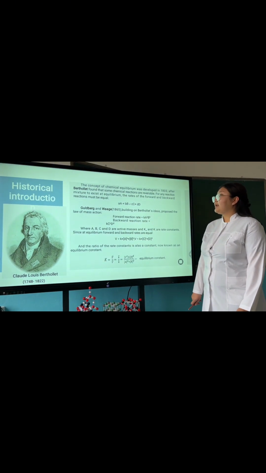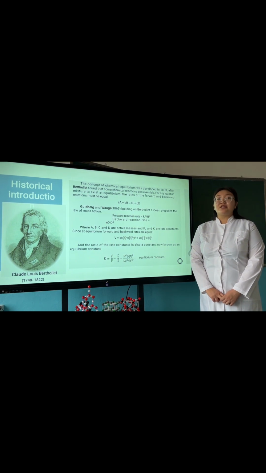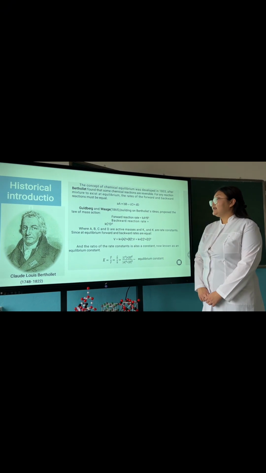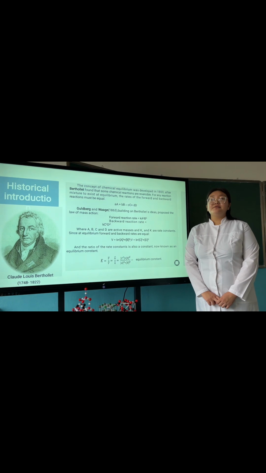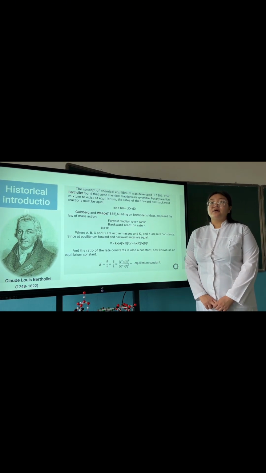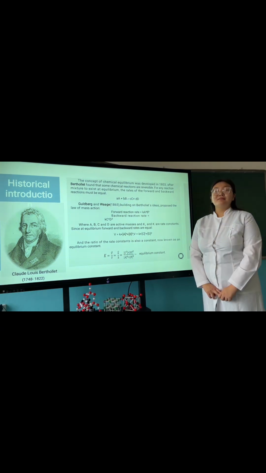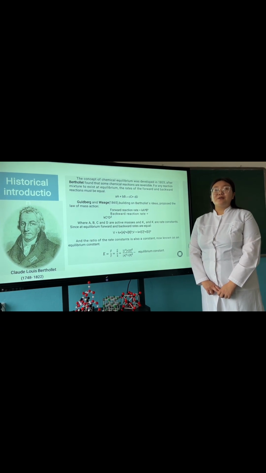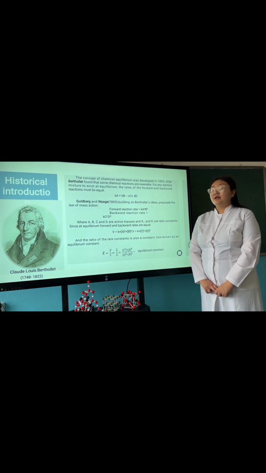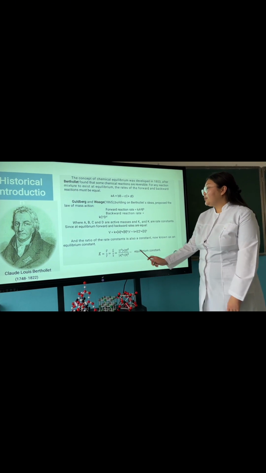Guldberg and Waage, building on Berthollet's ideas, proposed the law of mass action, where A, B, C, and D are active masses and k plus and k minus are rate constants. Since at equilibrium forward and backward rates are equal, the ratio of the rate constants is also a constant, now known as the equilibrium constant, as shown below.